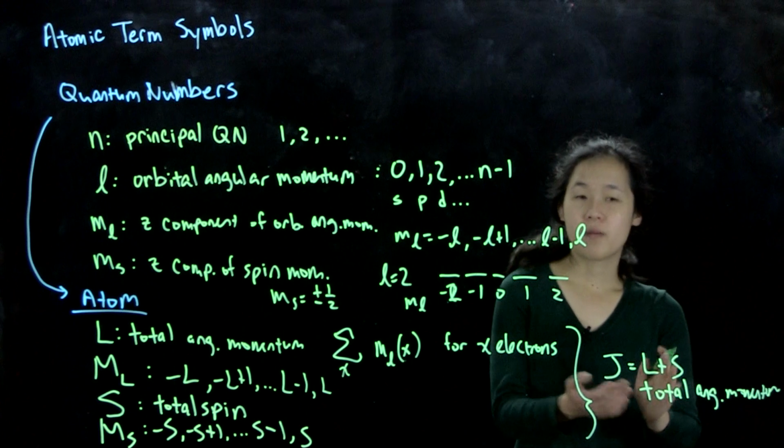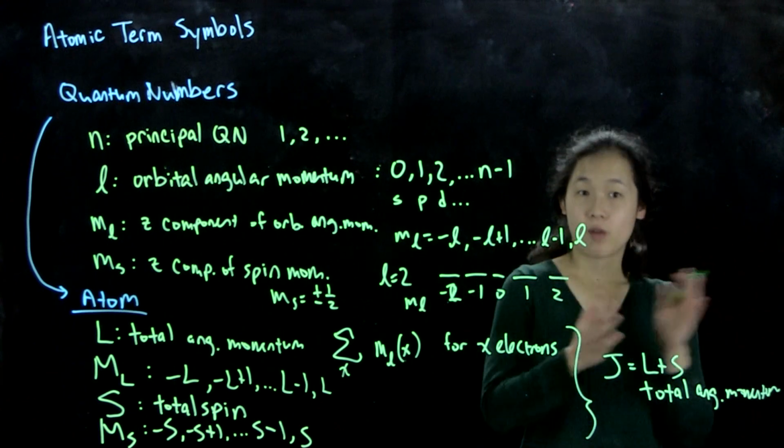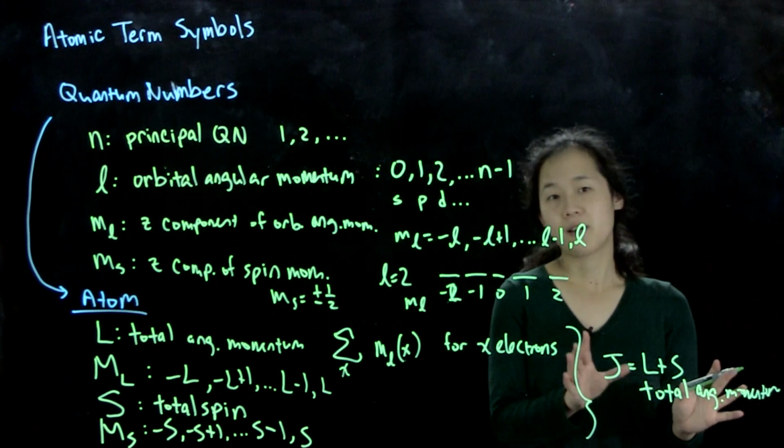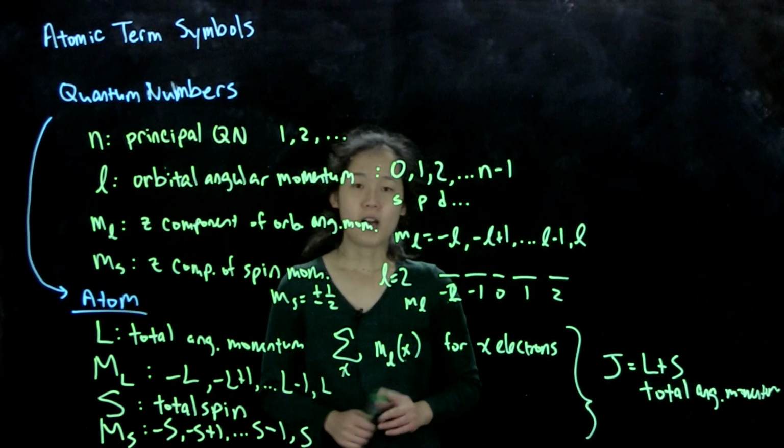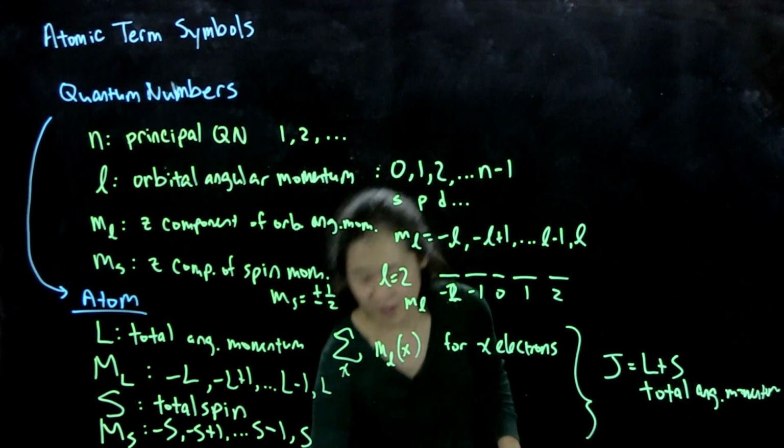This can go over a range, which we'll talk about later in the context of spin-orbit coupling. Let me quickly erase, and we'll continue on with atomic term symbols.